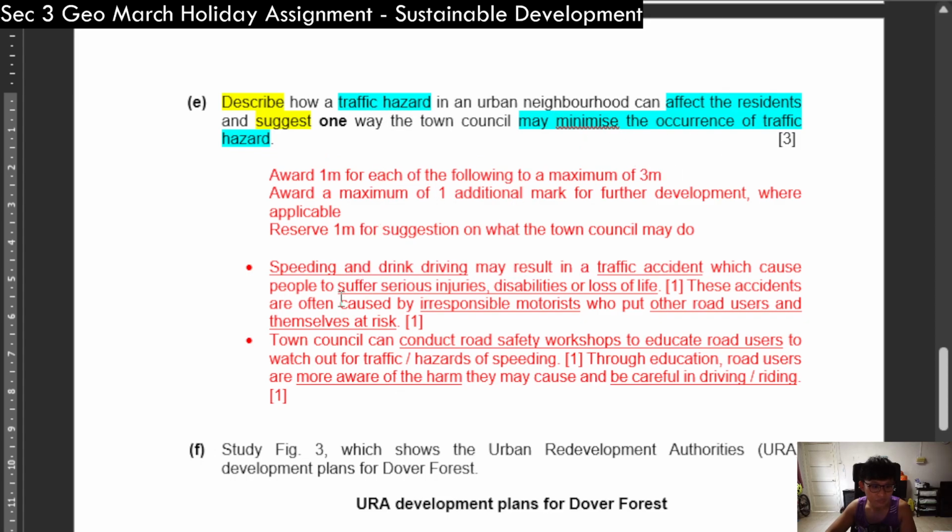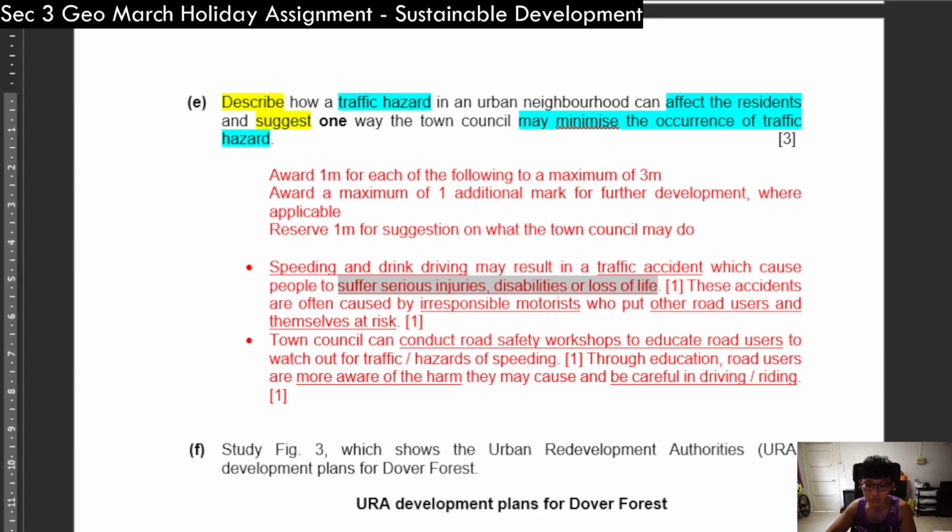So speeding and drink driving. These are the common reasons why there's a traffic hazard in a neighborhood. Speeding and drink driving can cause people to suffer serious injury, disability, or loss of life. So take note, this is a describe question, so you have to go on to elaborate why it is a problem.